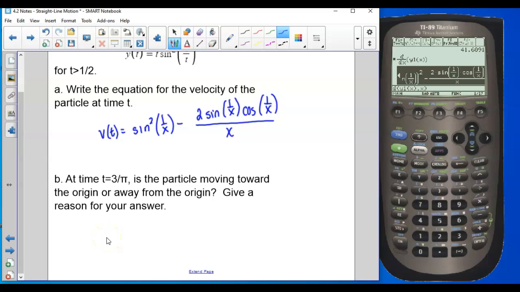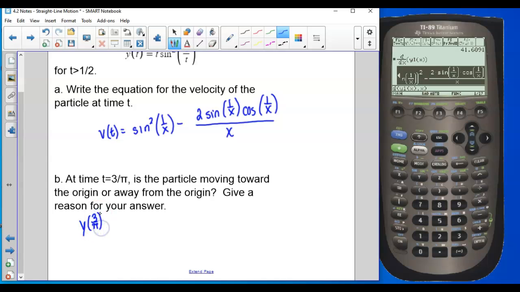And B is going to ask us at time t equals 3 over pi, is the particle moving toward the origin or away from the origin? Give a reason for your answer. And so you've got to know two things for this to happen. First of all, you have to know where the particle is at 3 over pi in the first place. So to find that, you're going to have to do y of 3 over pi.